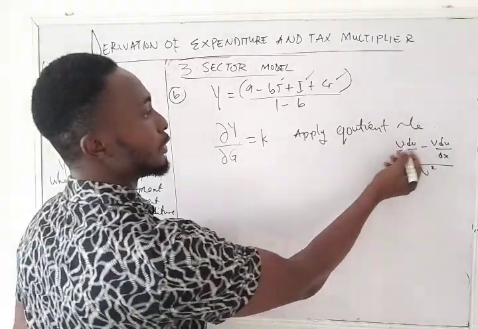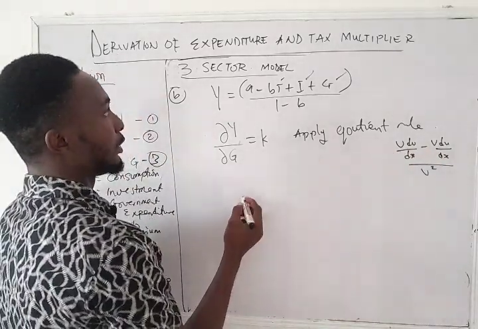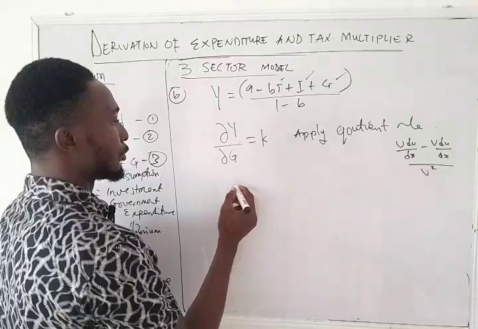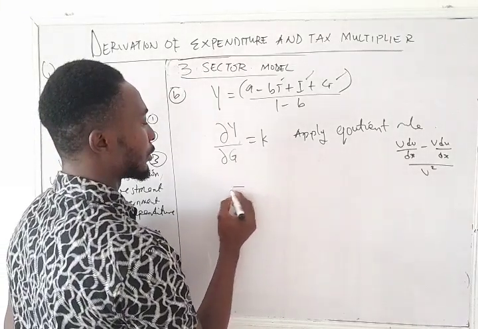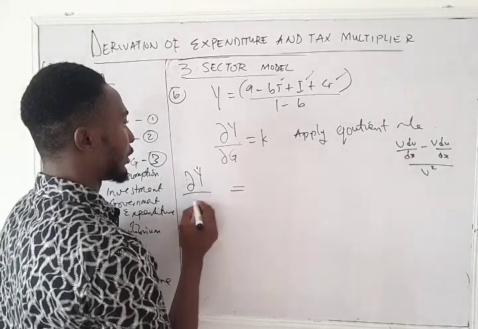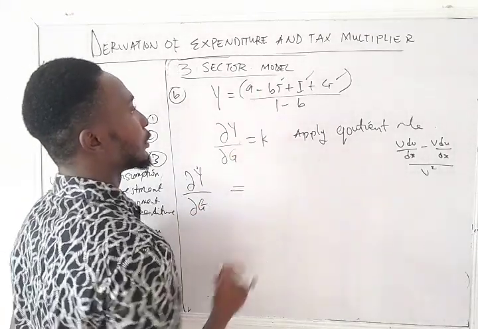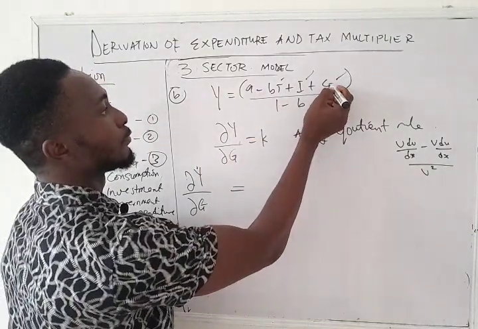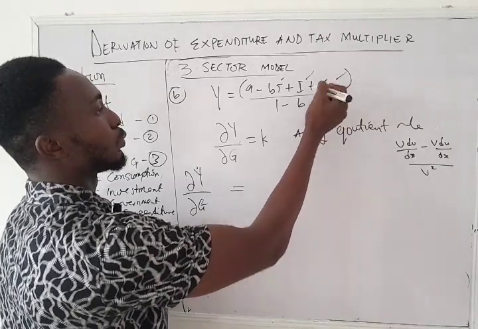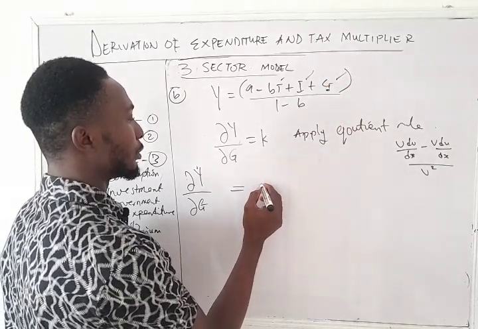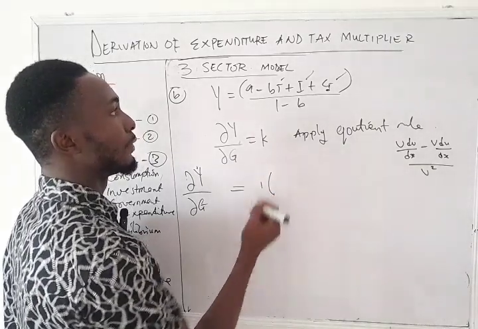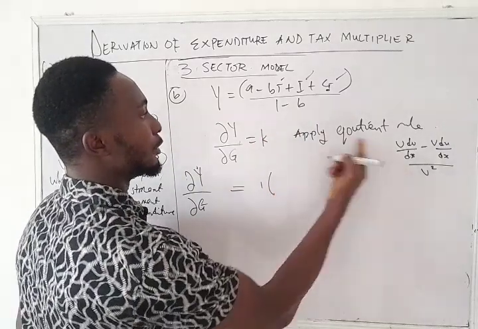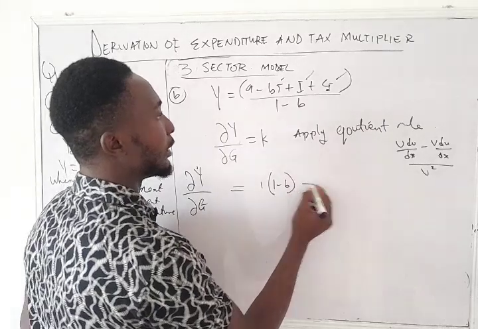So let's differentiate the numerator with respect to G. This is G here, and if you differentiate G, you get just 1. So we have 1 multiplied by the denominator, which is 1 minus b, and then minus.